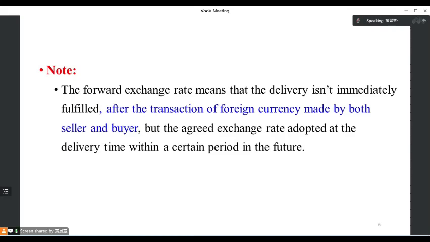This note gives us the explanation. What's the meaning of forward exchange rate?